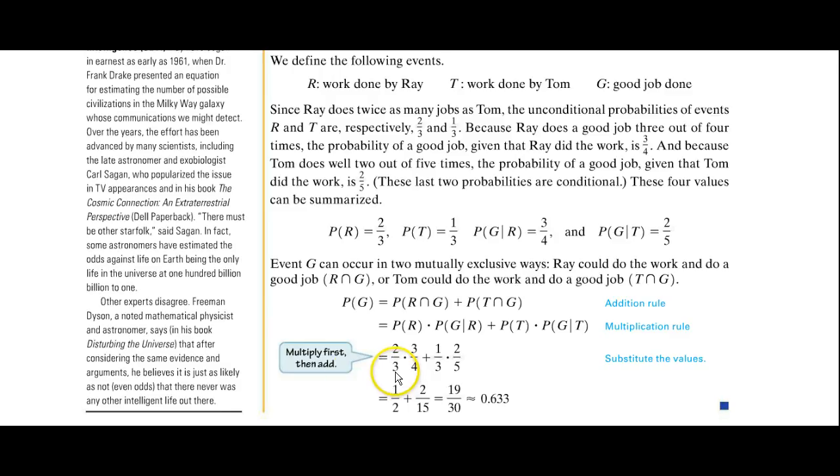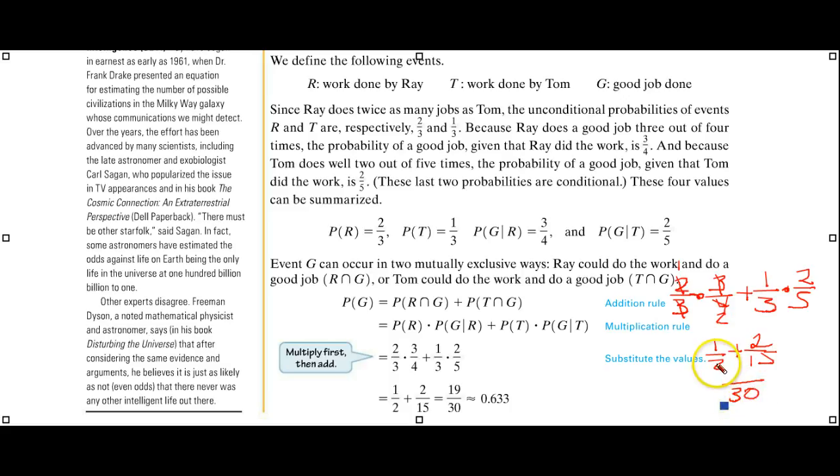And then when we do our cross-canceling, and the math is not that difficult, here our 3's will cancel out, 2's will cancel out there. So this leaves me with 1/2 plus 2/15. And if we want to add these together, we have to have a common denominator of 30. So 2 times what is 30? 15.